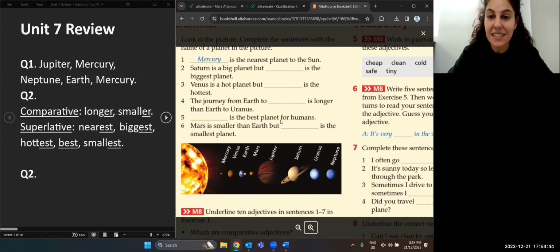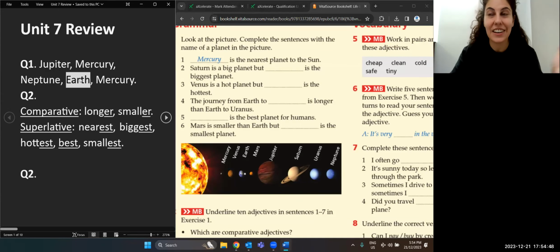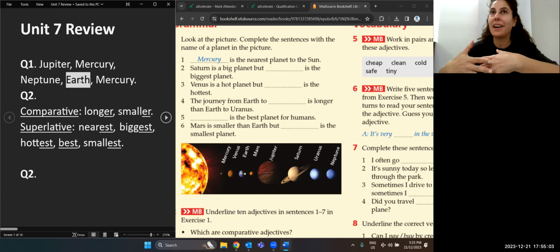Something is the best planet for humans. Obviously, Earth, it's the only best planet for humans. Now, why did they say best and not good? Because we're comparing it. We're not just saying Earth is good. If you just want to talk about Earth, one noun, you say Earth is good. But I want to compare it.